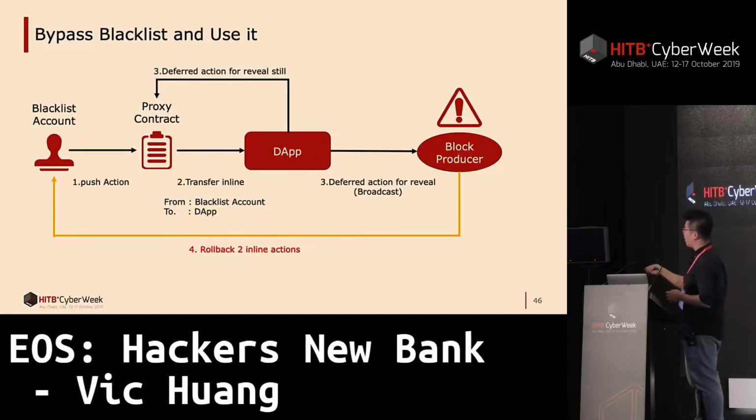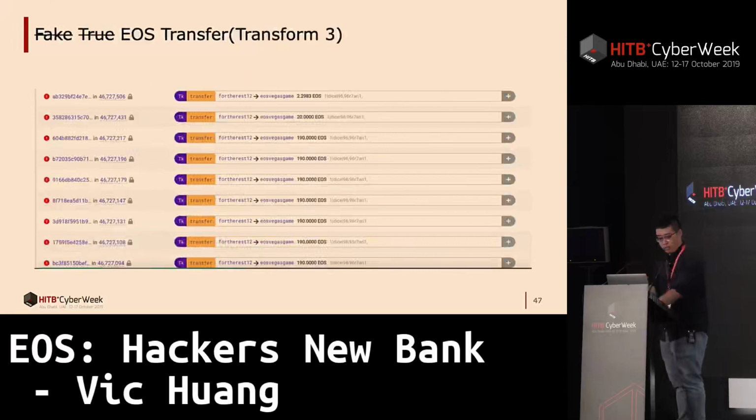So here's the thing: you don't have to pay anything, because your bet money inline actions will be rolled back, but you can still get the reward from the deferred actions.